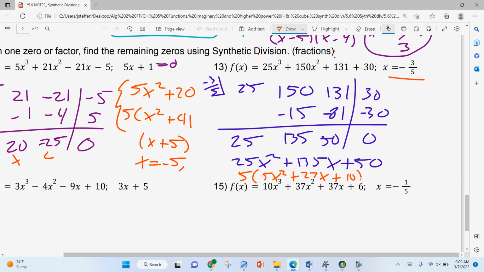So now you're looking for factors of 50 that add up to be 27. Factors of 50 that add up to be 27 are 25 and 2. So x plus 25, x plus 2, sorry, running out of room.